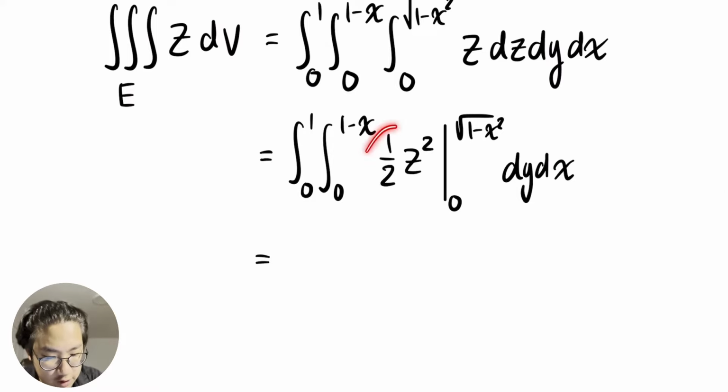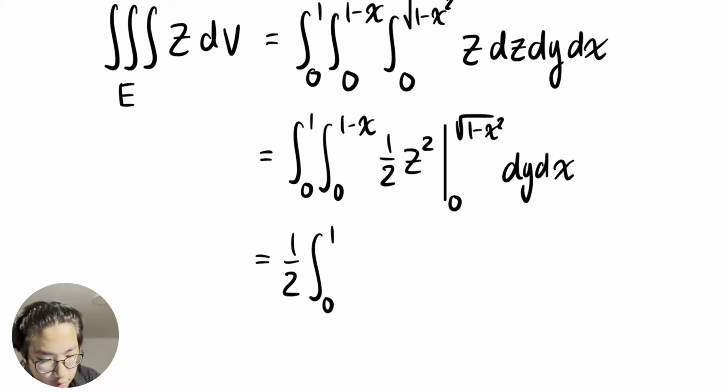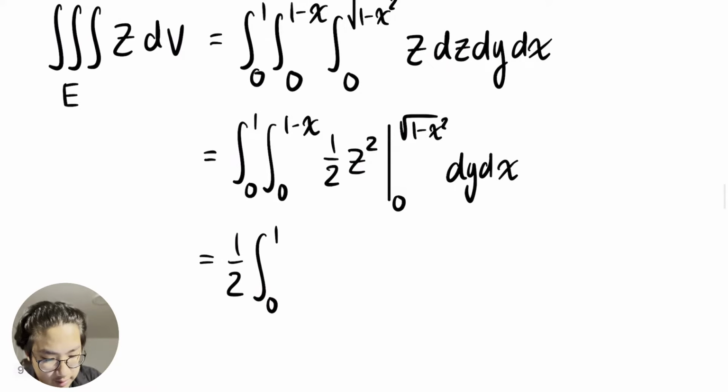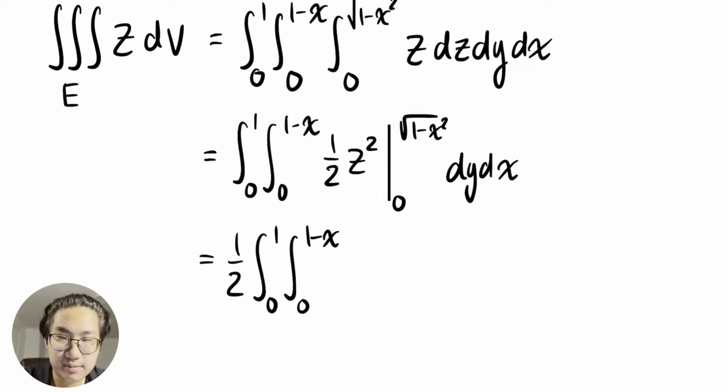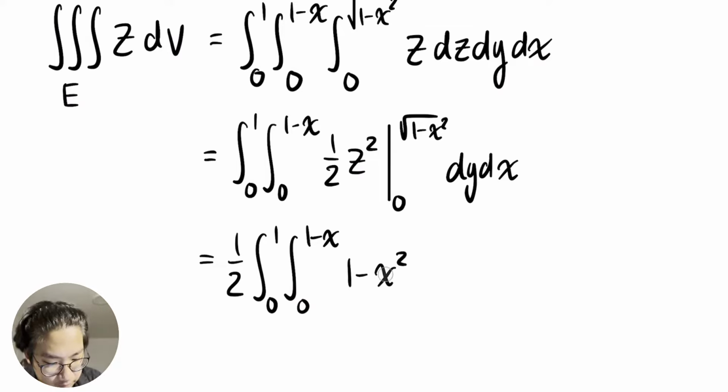The 1/2 we can just move to the outside. So 1/2 times the integral between 0 and 1, then the integral between 0 and 1 minus x. Z squared evaluated at this is simply this portion, because 0 squared is still 0. So we just have 1 minus x squared, and then dy dx.